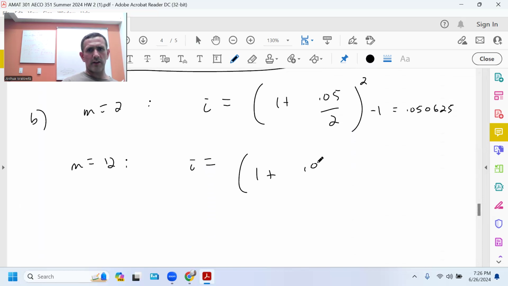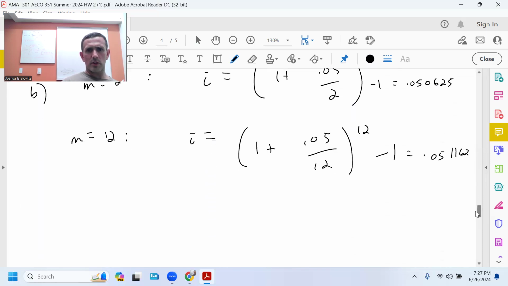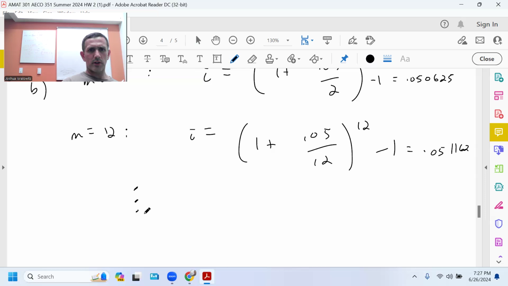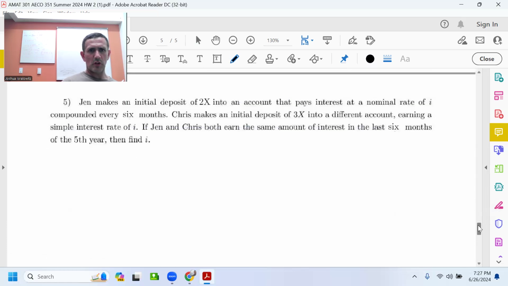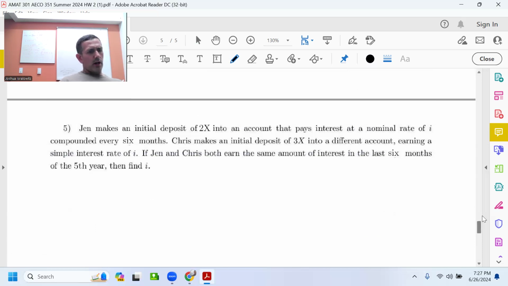So I^(12) is 5%, so it's I^(12) over 12 to the 12th: 0.51162, etc., etc. So here is e to the I infinity, which you also call delta. So this is 0.05127.